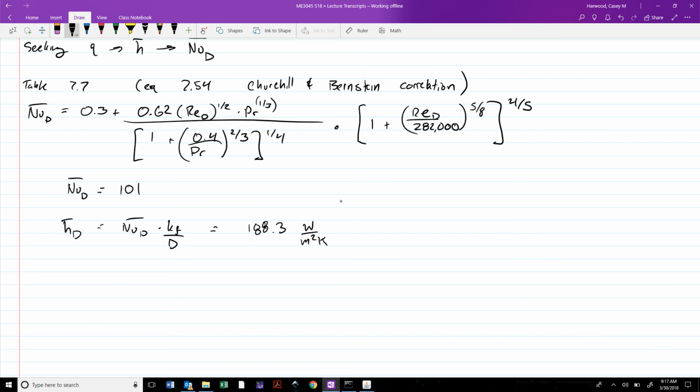And then finally, if we wanted to find the total heat rate, this would be h bar D times the surface area of the cylinder times Ts minus T infinity, which would be h bar D times pi D times the length of the cylinder, Ts minus T infinity.